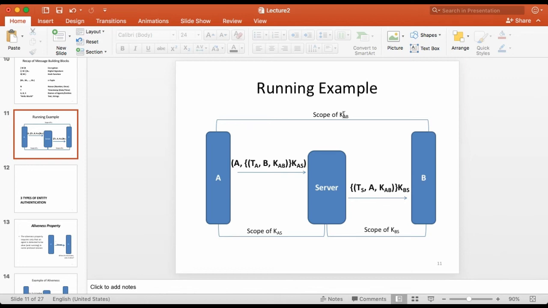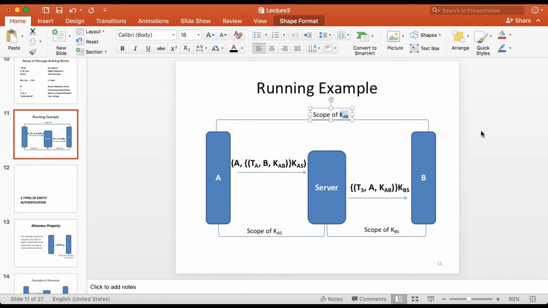On the other hand, a key such as KAB is what we call a session key, which means it has a short validity that lasts only for the duration of one session. You run through this protocol, you establish the key, and you can use it, but once you have finished your communication, for example you've shut down the computer, logged out from the website, or walked away and been inactive for a while, you need to rerun the authentication protocol.